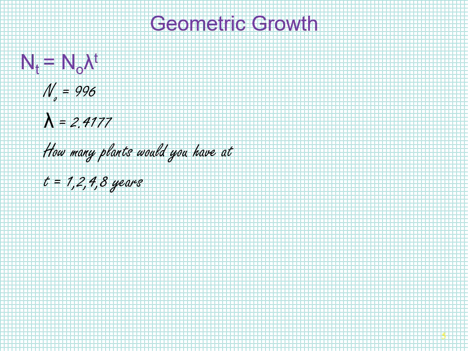You should be able to do this, that the number at time 1 equals the number you started with, 996, times 2.4177 raised to the power of 1. So it's just 996 times 2.4177, which when you multiply that out on your calculator is 2,408.